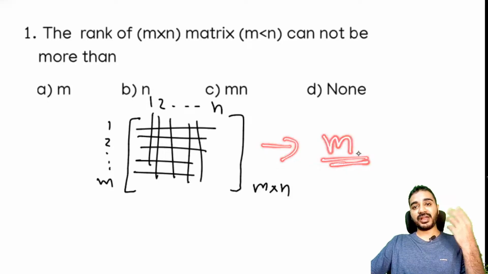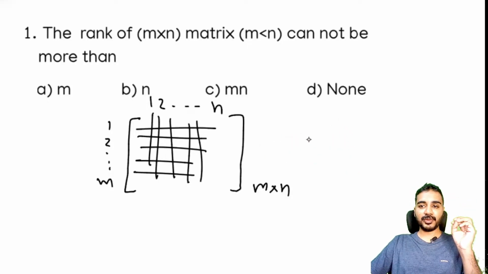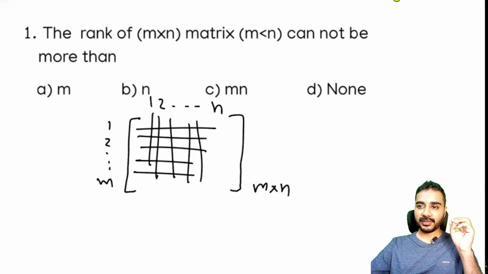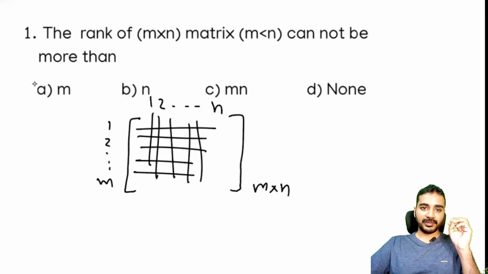So the highest possible rank is m here, since m is less than n. I think the concept is clear for you. So let's conclude: the answer for this first question is option A.